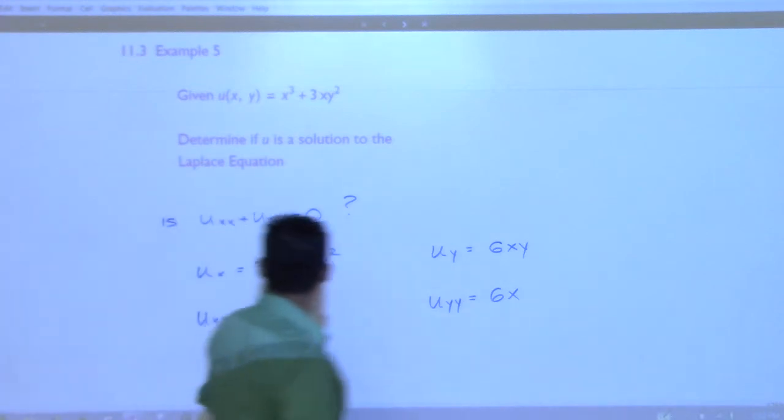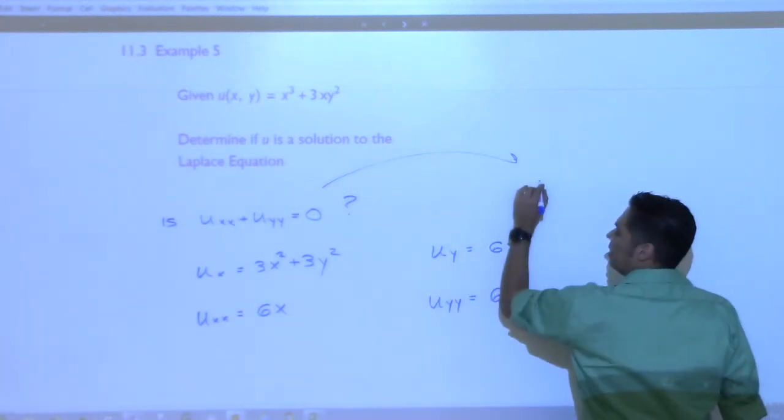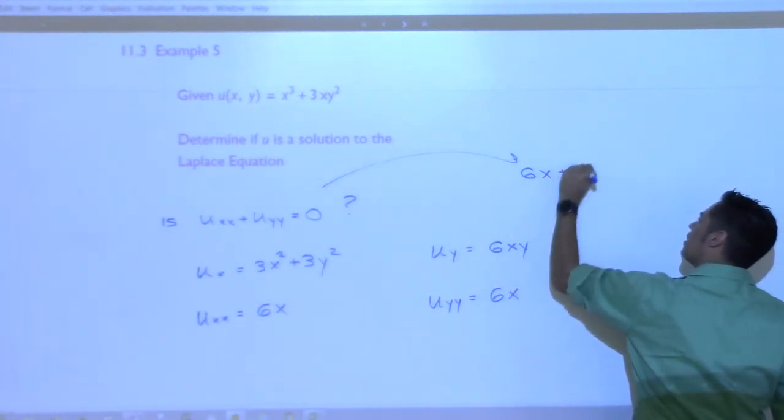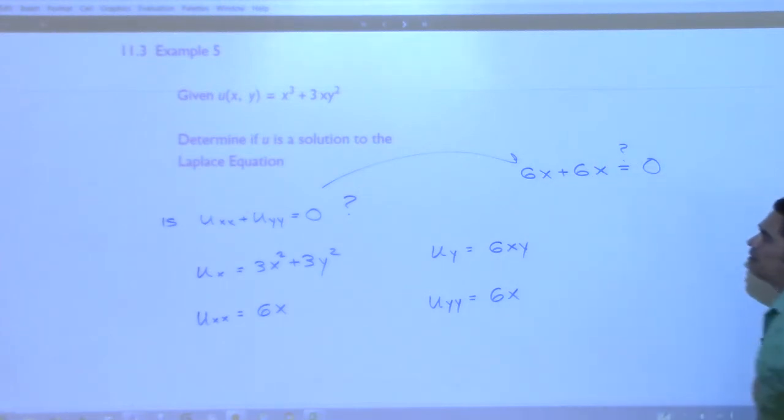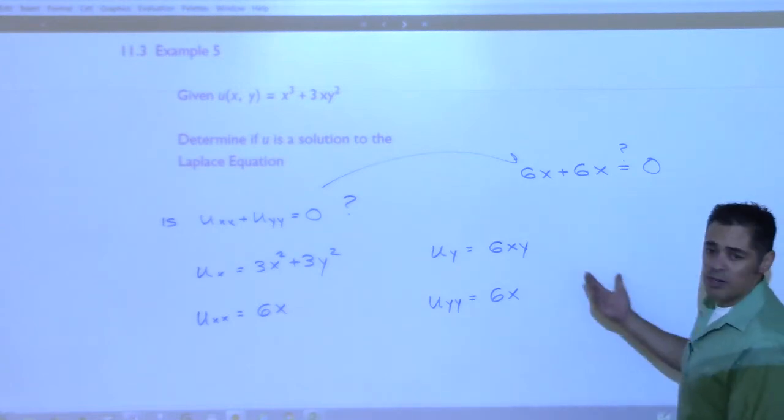Right? So this right here for us is 6x plus 6x. Does that equal 0? No. Right? Well, it could, right? If x was 0, but that's only one. It only satisfies the Laplace equation at one point. To satisfy the Laplace equation, you have to satisfy for all x and y. Okay, so the answer here would be no, right?